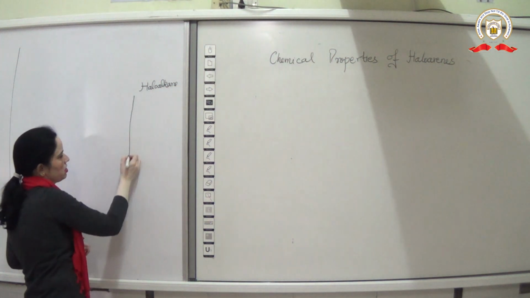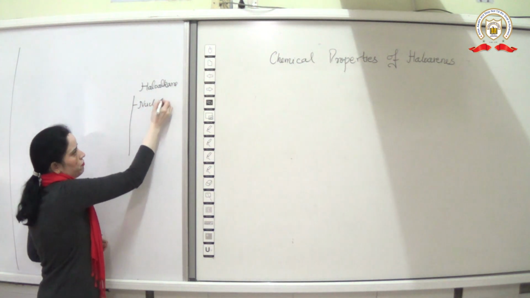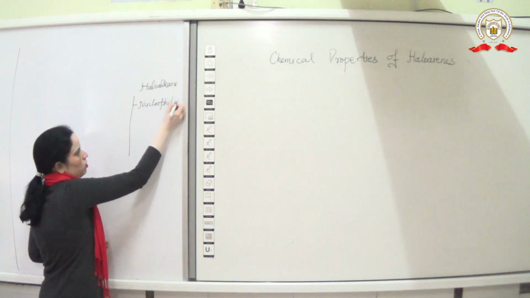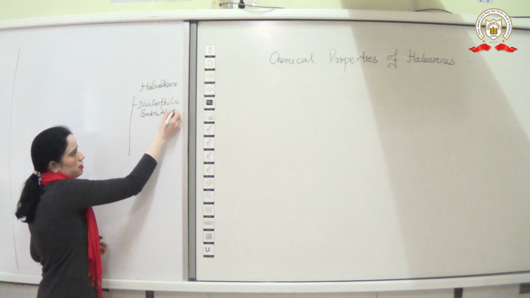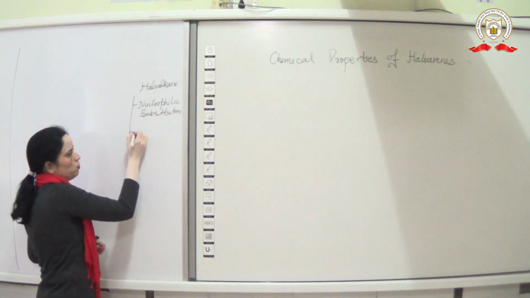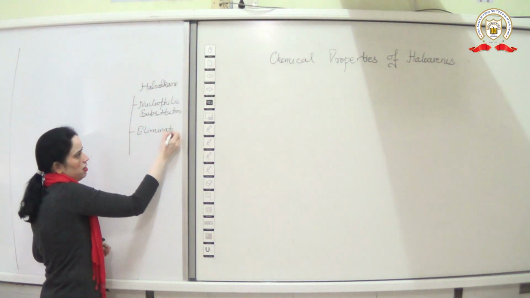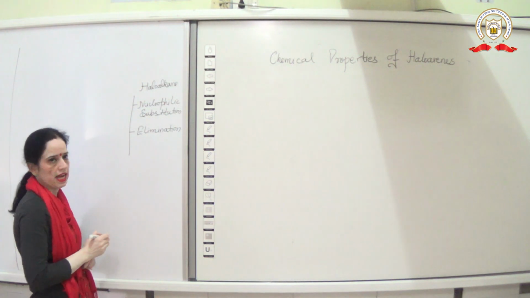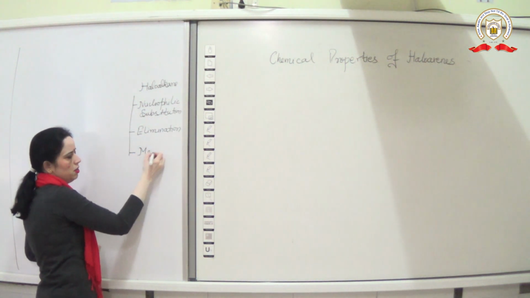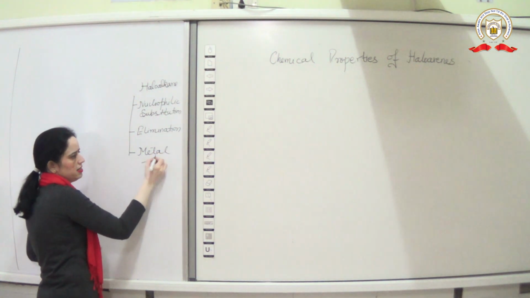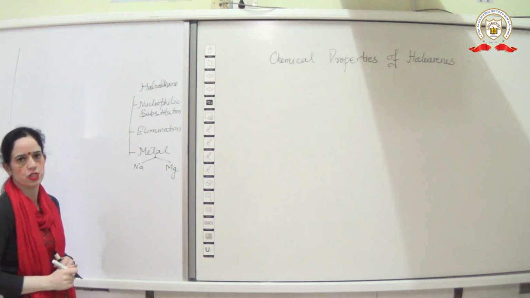The three chemical properties in haloalkane were nucleophilic substitution, the second was elimination reaction, beta elimination, and the third property was reaction with metal, that is sodium and magnesium.